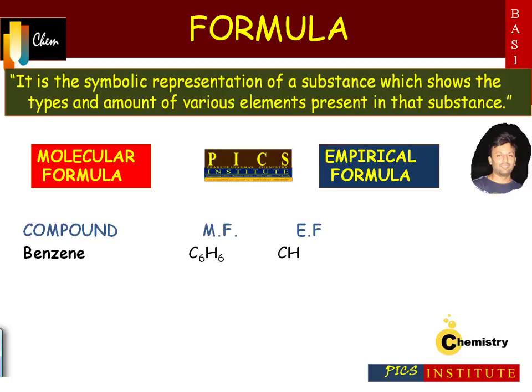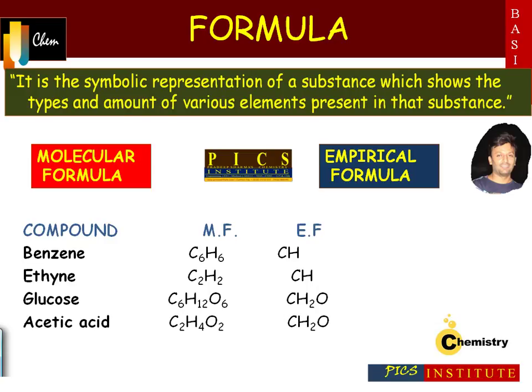So empirical formula tells us the simplest ratio. Another example is ethyne, molecular formula C2H2, empirical formula CH. Similarly, glucose as well as acetic acid. So now we can say molecular formula tells us the actual number of atoms in one molecule, and empirical formula tells us about the simplest ratio of different atoms.